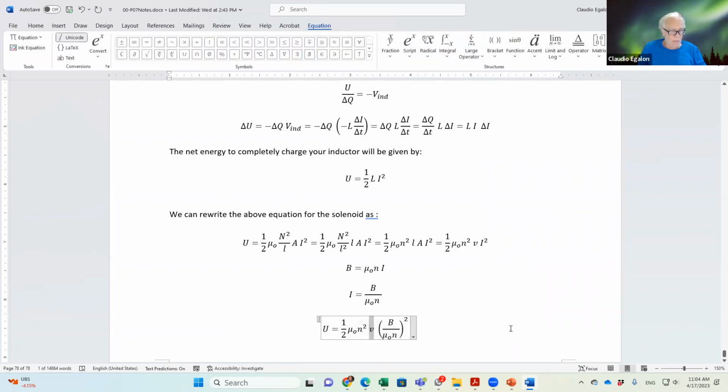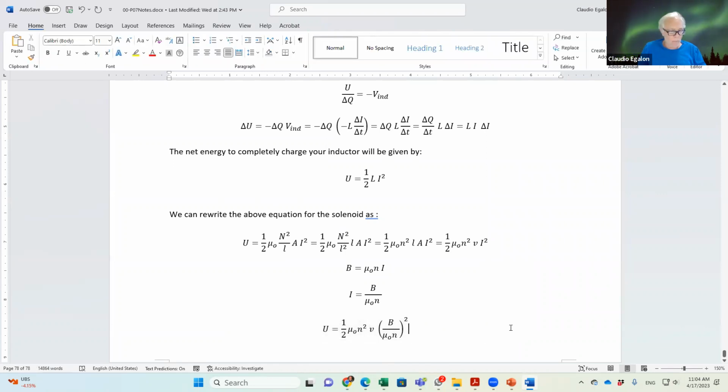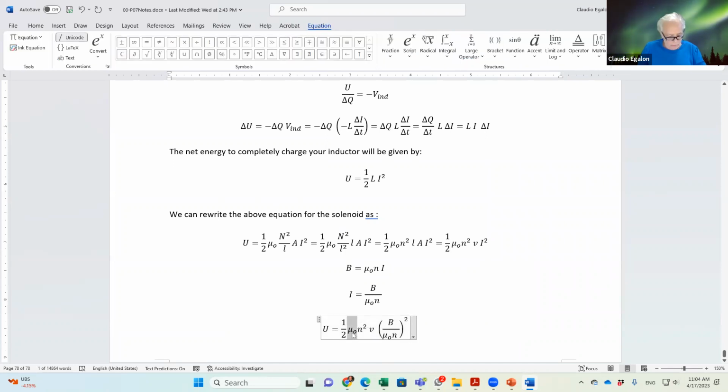Don't forget that's the volume. This mu naught will cancel out with the other mu naught. And we are going to end up with a mu naught downstairs here. One of the mu naughts that were inside the parentheses, right? The B is going to become raised to the square outside that parenthesis. Now we have a 1 here. This n is going to cancel out with the n squared, right?